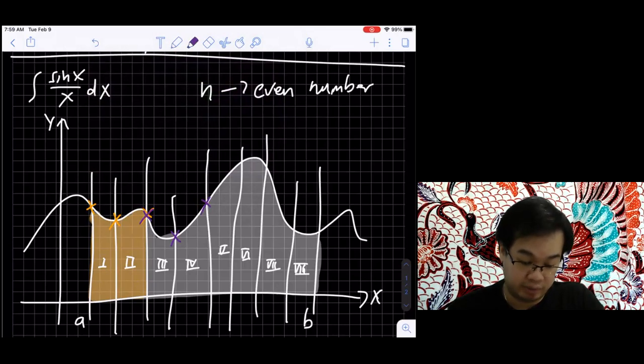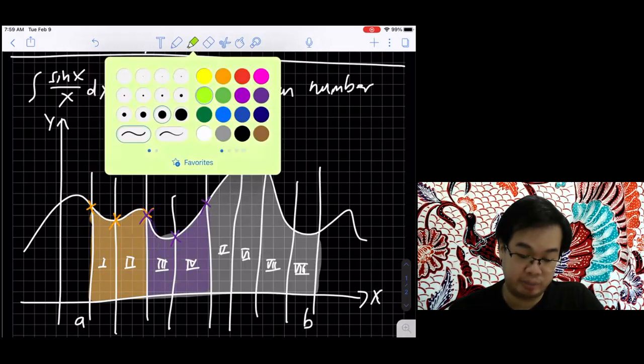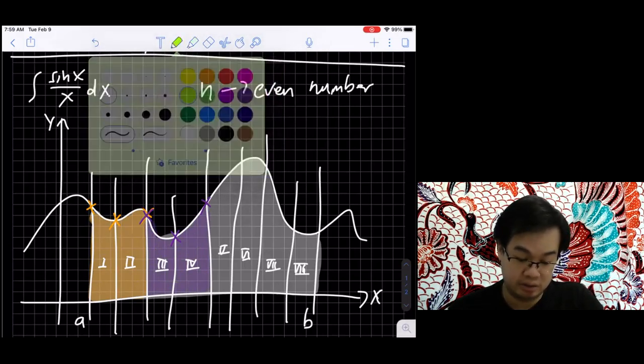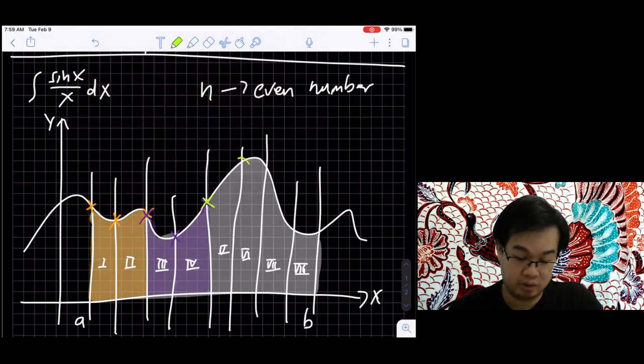So this is the second parabola. And then the next parabola is this one, and this one.